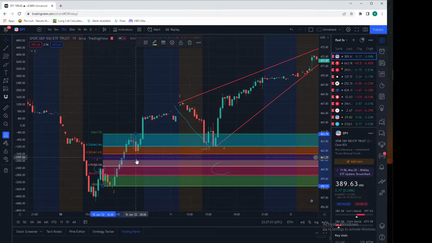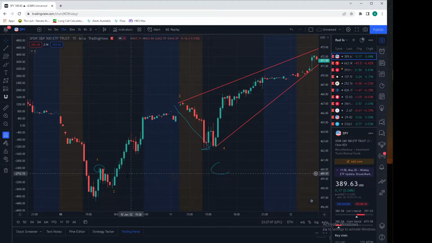How I like to think about it is, as long as we're in a one through five and at least have two waves established, then we're kind of set at that point.